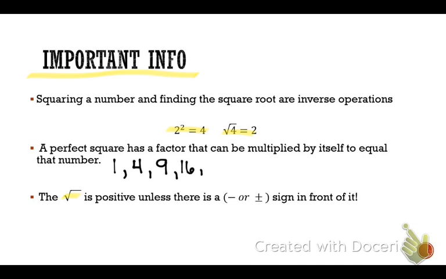Say them with me, guys. 5 times 5? 25. 6 times 6? 36. 7 times 7? What about my 8s? 64. What about my 9s? 10s? 11s? 121. 12s? 144. 13s?